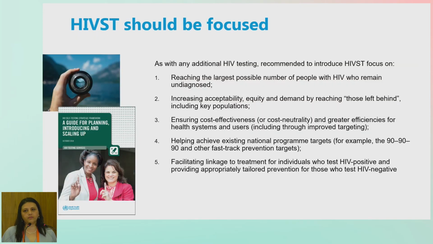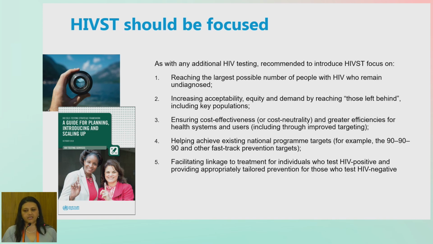HIV self-testing should be focused on a few things, like reaching the largest possible number of people who remain undiagnosed. So we saw that there is a huge first 95 gap that we still need to bridge, and this is exactly where we need to start introducing self-test kits so as to bring more and more people into services.